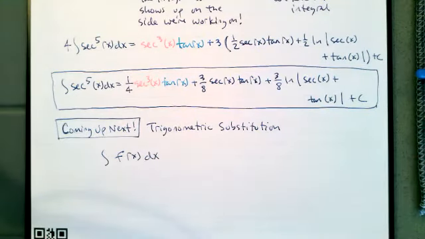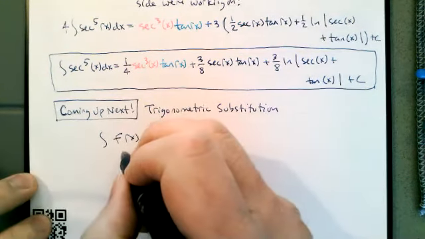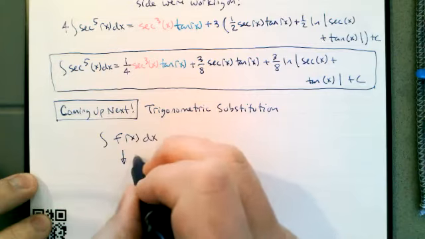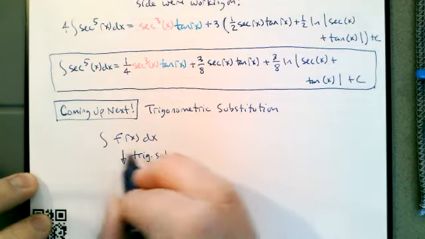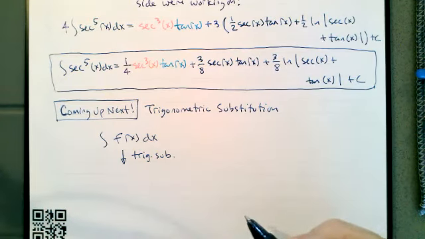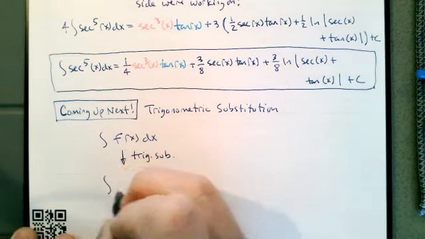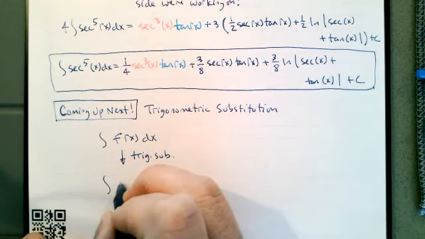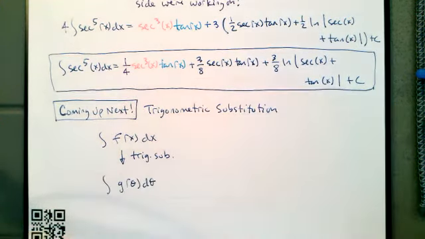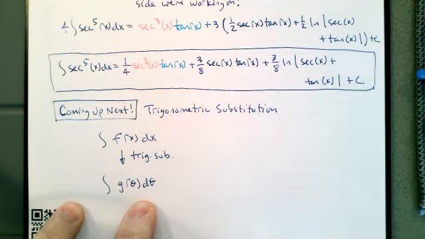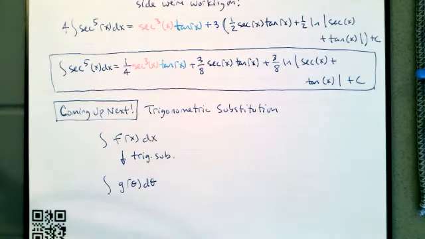And what we're going to do is make a trigonometric substitution to trade our integral f of x dx for some integral in theta, g of theta d theta. Now this integral is going to have the form of products of powers of trig functions, the thing that we've been studying.